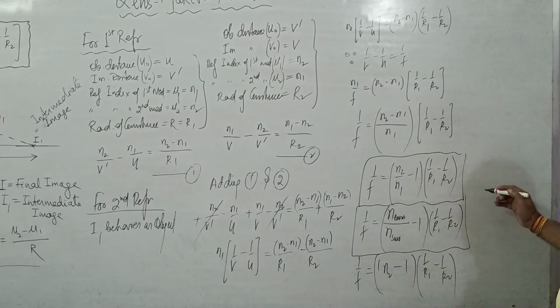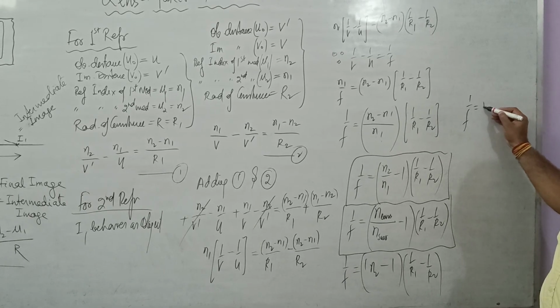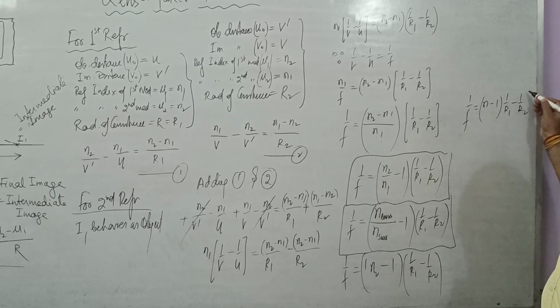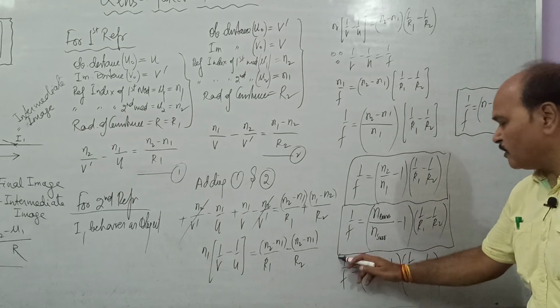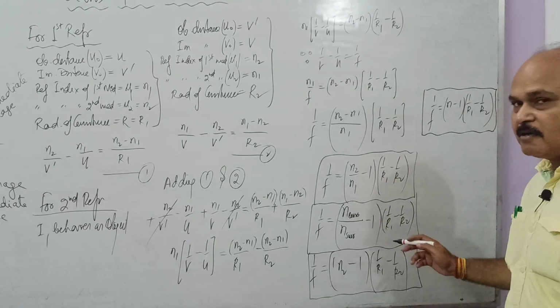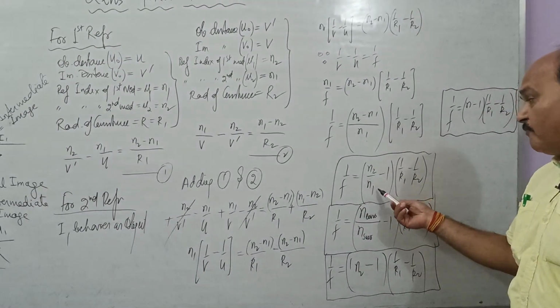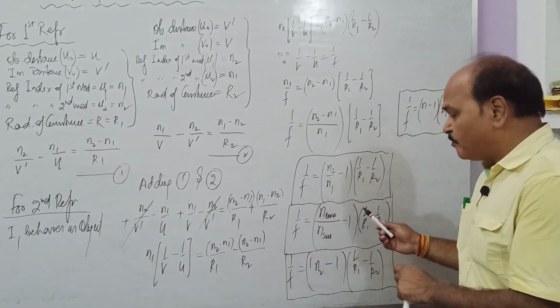Therefore, 1 upon f can also be written as n minus 1 times 1 upon R1 minus 1 upon R2. So these are various forms of the same formula, which is called Lensmaker's formula. Remember, n2 is the refractive index of the material of the lens and n1 is the refractive index of the surrounding. This is a very, very important formula.